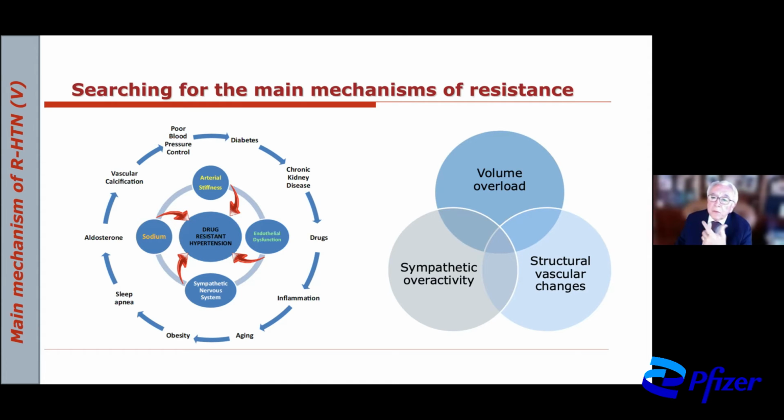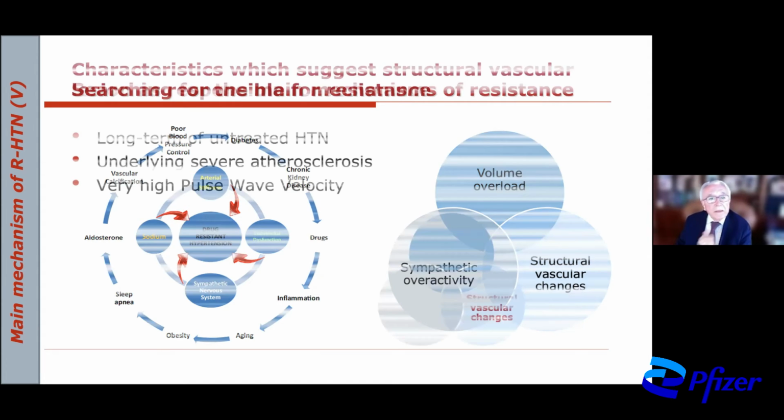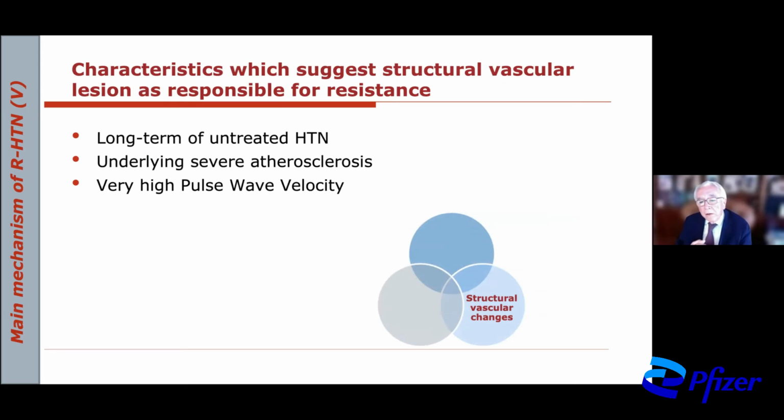And to suspect one or the other, for example, you can suspect structural vascular changes if it is a long-term hypertension that has not been treated, if the patient has severe atherosclerosis, or in patients that have a very high pulse wave velocity.